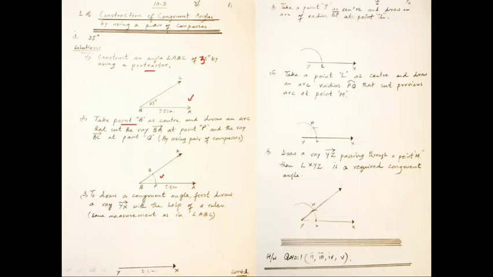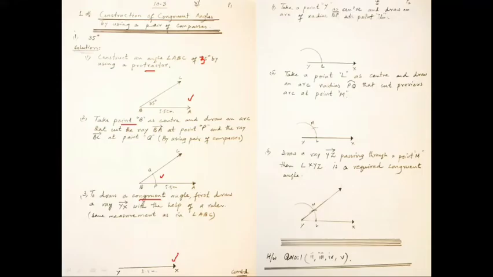Dear student, now after these two steps we have to draw a congruent angle. The first step of the congruent angle is to draw a ray YX of the same length as the first angle with the help of a ruler.